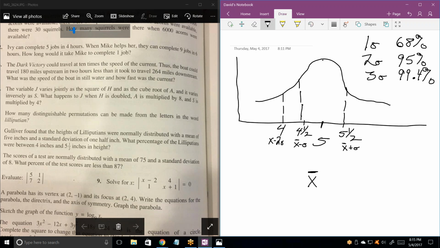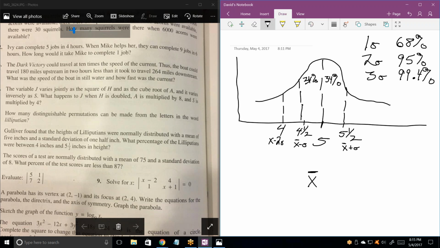And if I label my curve, I know if this is 68%, that's got to be 34, and this has got to be 34. But why is it 68%?